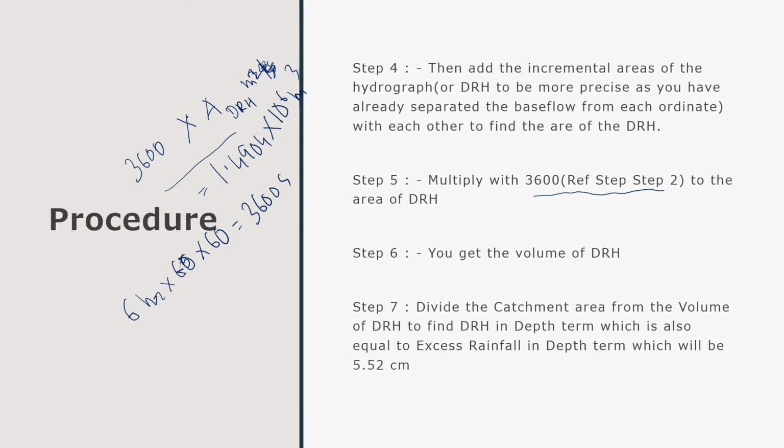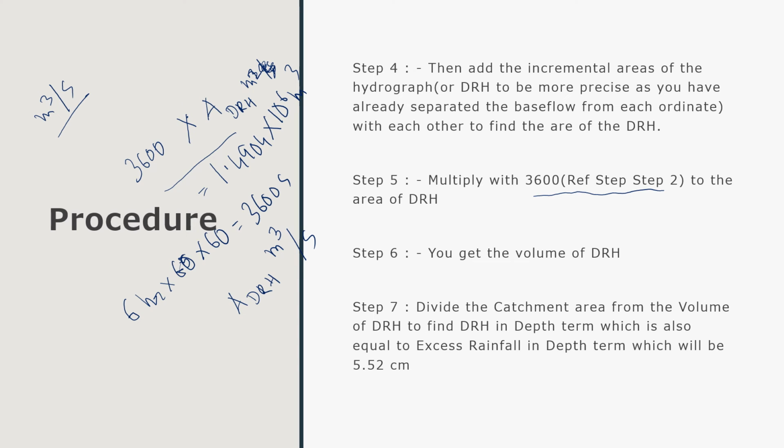And when you are calculating the area, although the unit of area is meter square or square meter, in these cases all the ordinates are represented by meter cube per second. All these values, these 5 meter cube per second, 13 meter cube per second, 26 meter cube per second, all these are meter cube per second. So when you calculate the area, this area under DRH will have a unit of meter cube per second.